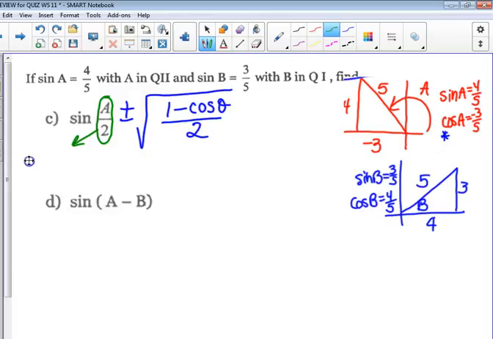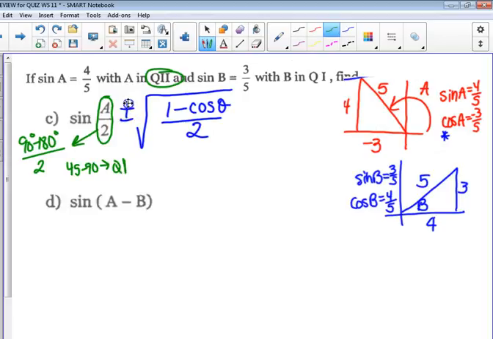Angle A was in quadrant 2, somewhere between 90 and 180, and I'm just talking degrees because that's what we think in, right? This angle A, they told us, was in quadrant 2, so it's somewhere between 90 and 180. But we want the sine of A divided by 2. When you divide those by 2, you get between 45 and 90, which would be quadrant 1.